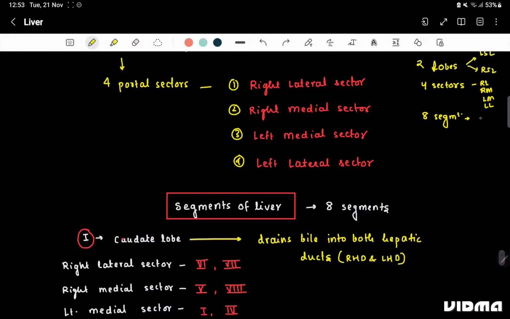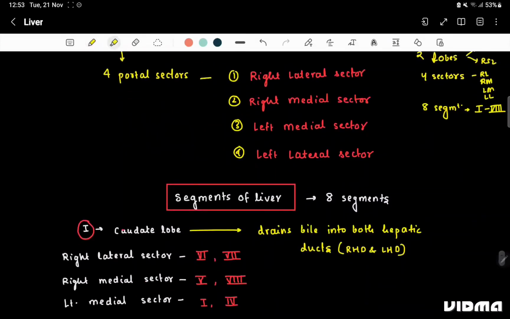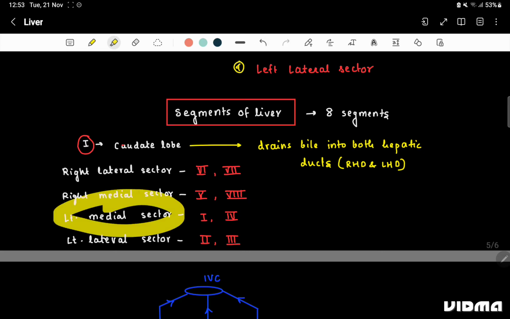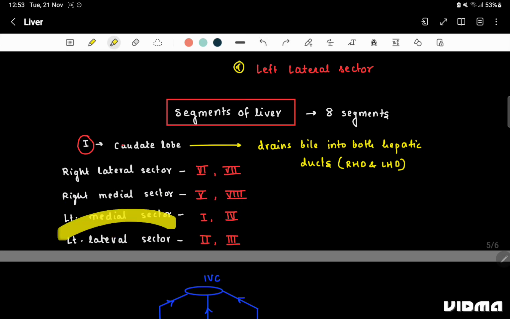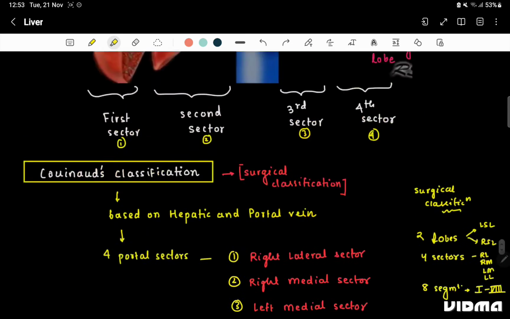Segments are denoted in Roman numerals from 1 to 8. So this is your surgical classification done by Conrad. Talking about the segments, the right lateral sector has segments 6 and 7, the right medial sector has segments 5 and 8, the left medial has segments 1 and 4, and the left lateral has segments 2 and 3. Understood?